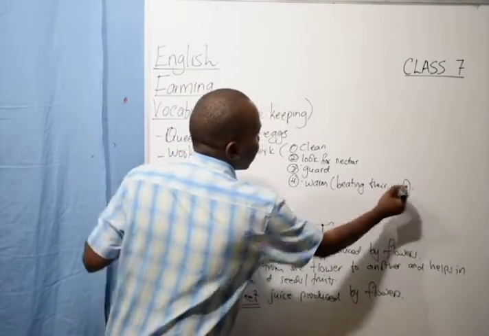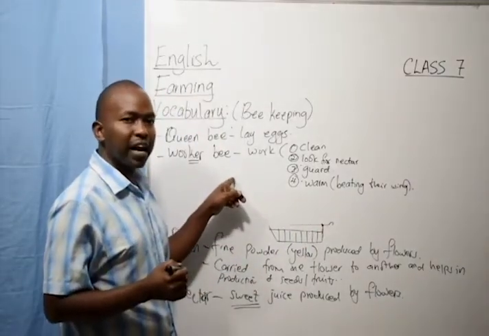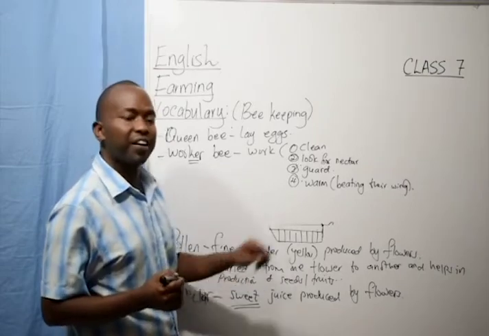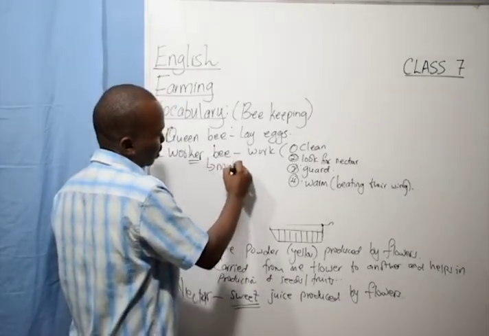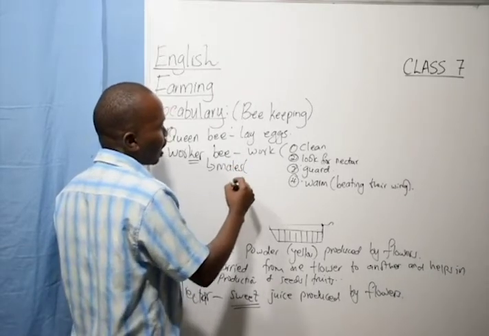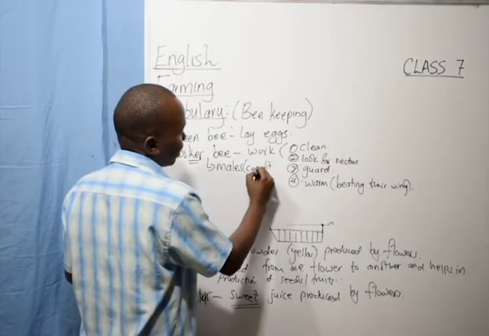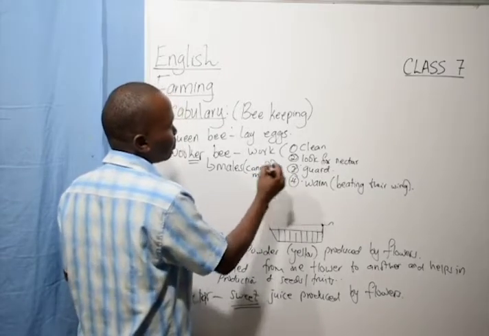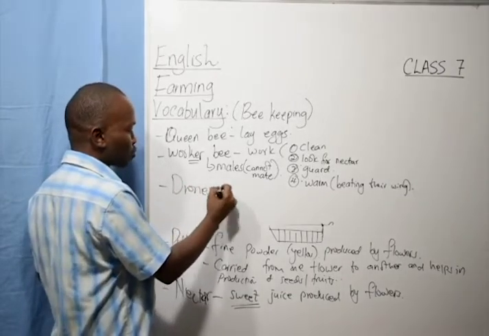So you can see that the worker bees have a lot of activity in the hive, and so they are very, very important. And they are usually females who cannot mate with the queen bee. And then finally we have the drones.